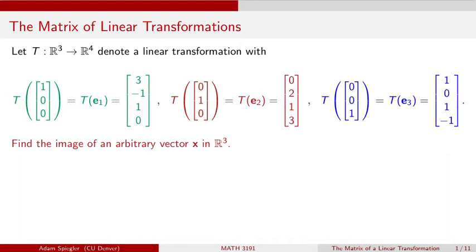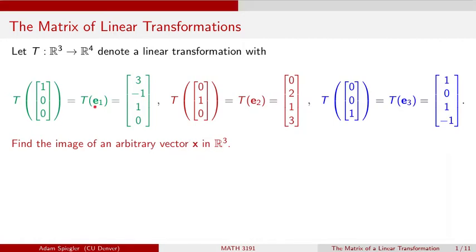And then lastly, we are given that this linear transformation T maps the third standard column vector, which is 0, 0, 1, and we'll denote that as the vector E3, to the vector 1, 0, 1, minus 1 in R4. So the question here is, if we know where E1 goes, where E2 goes, and where E3 goes, we can use this information to figure out where T is going to map any arbitrary vector x in R3.